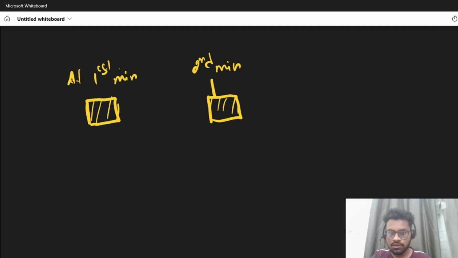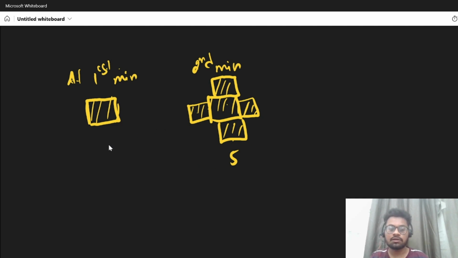So we color these four adjacent side cells as well. In the second minute, it was 5, because one, 2, 3, 4, 5 is the total number of colored cells until that minute. At the first minute, it was 1.